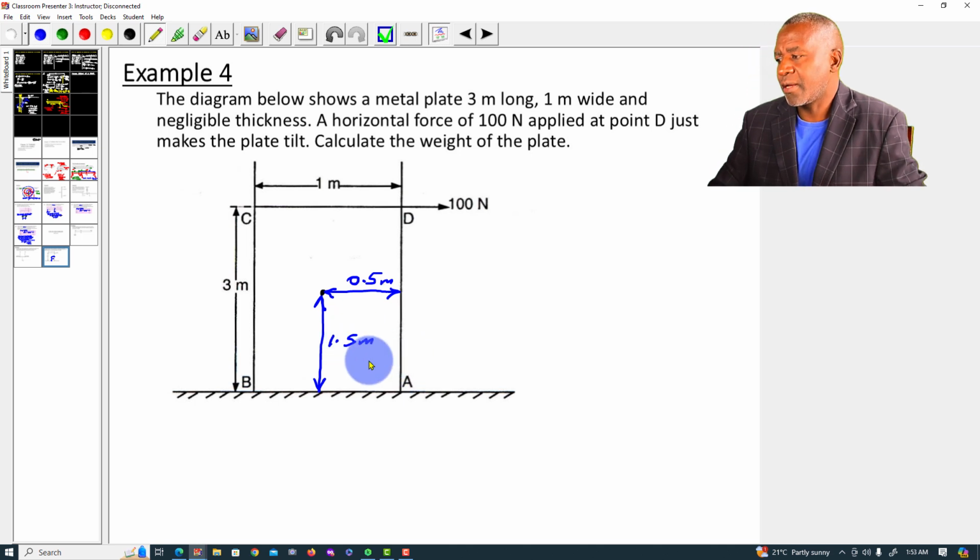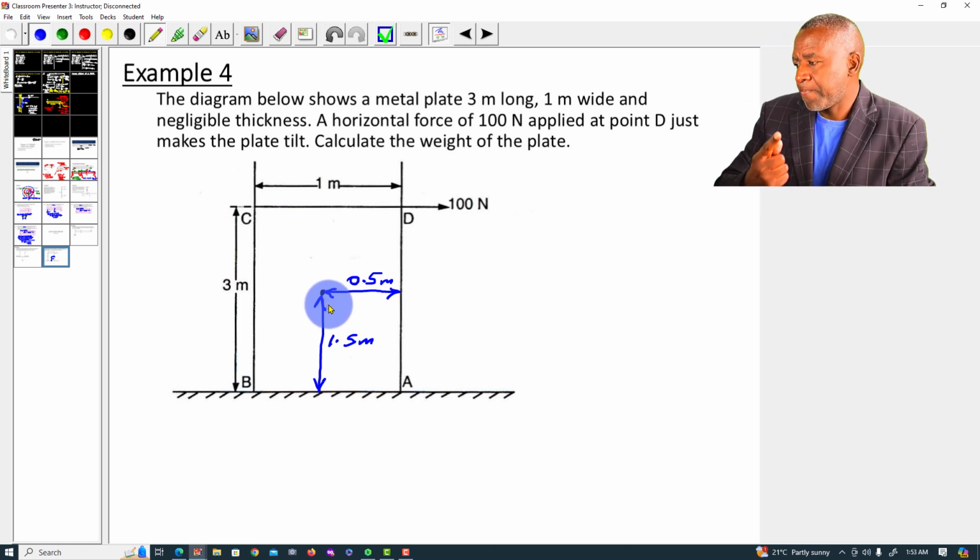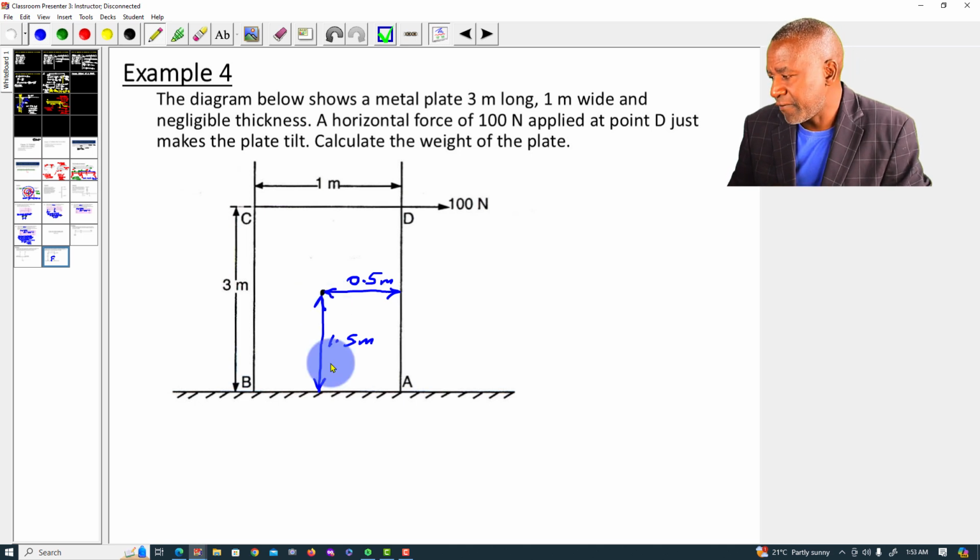That is, the center of gravity of this regular body is 1.5 from this surface and 0.5 from this other surface.